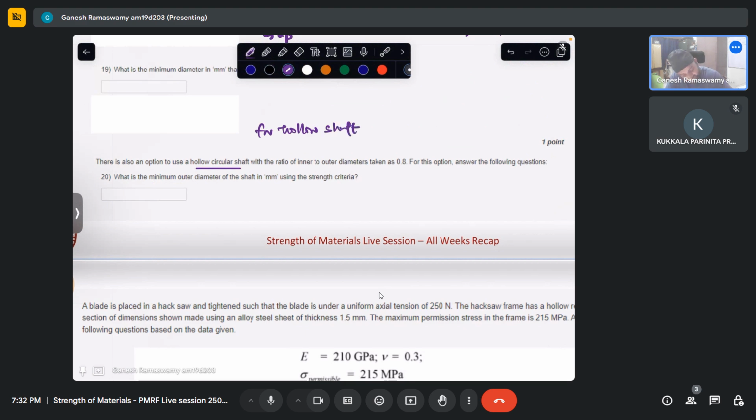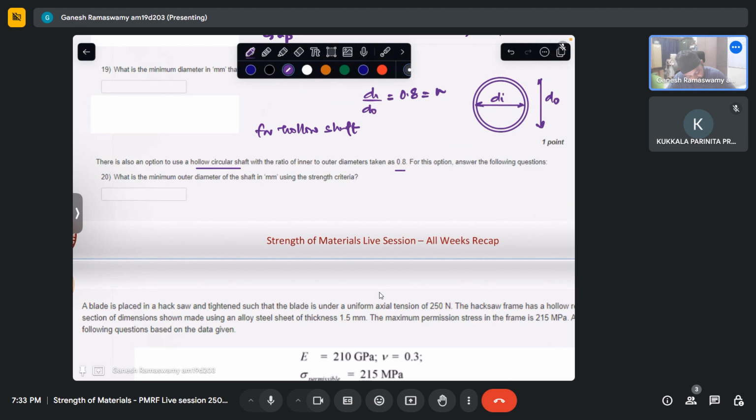let us say this is the hollow shaft. Let the inner diameter be di and the outer diameter be d naught. Now di by d naught is given in the question to be 0.8. Let us call this ratio r.